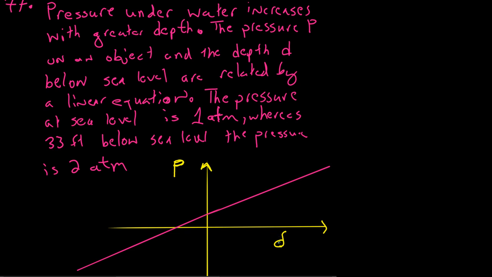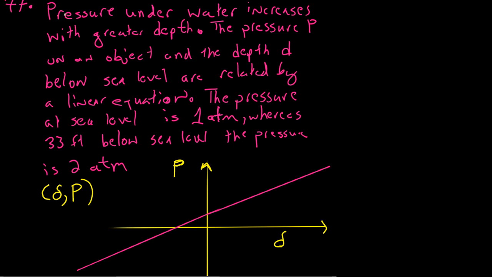So if I have depth on my x-axis and pressure on my y-axis, my points of data are going to be my depth and my pressure. So to find a line, I need 2 pieces of information. I either need the slope and a point, or I need 2 points.